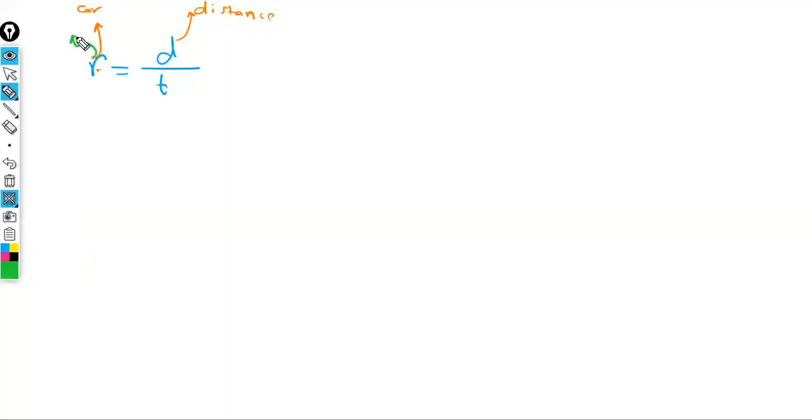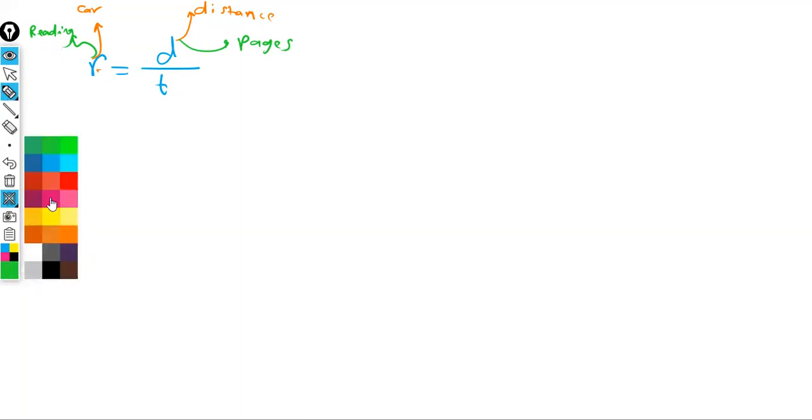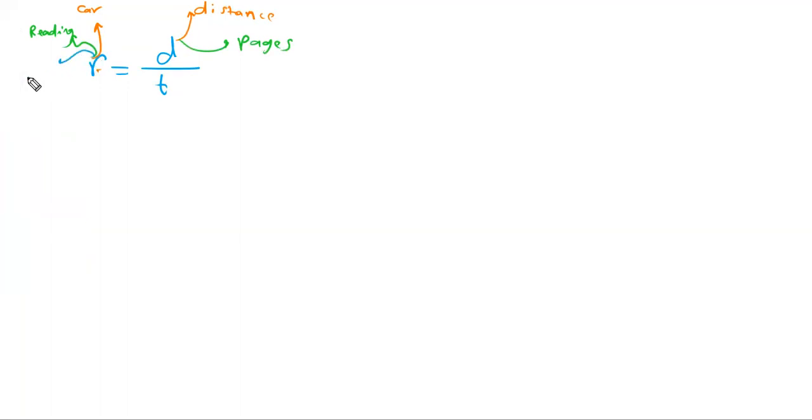And when we talk about the speed of reading, for example, the D will represent the number of pages. So D is not always the distance. Sometimes it will be the number of pages if we talk about the speed of reading a book. Or we can talk about the speed of writing or typing. Again, D maybe will represent the number of pages or words.